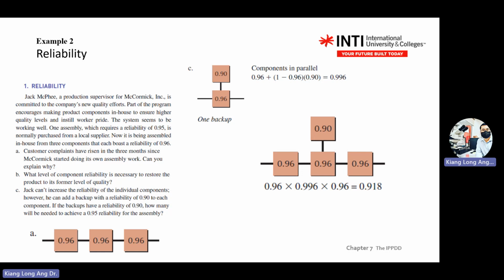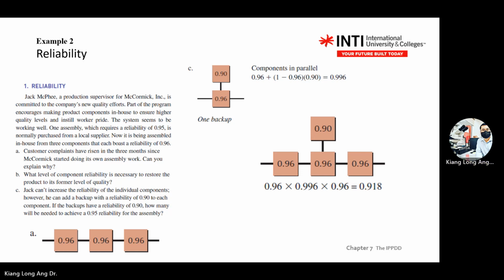So the reliability of the system is R1 and R2, which is your parallel system, multiplied by R3. You multiply the 3 reliabilities, you get 0.918. It is about 92%. Okay. Is this enough to meet the objective? No. So you know that the first backup is not enough.